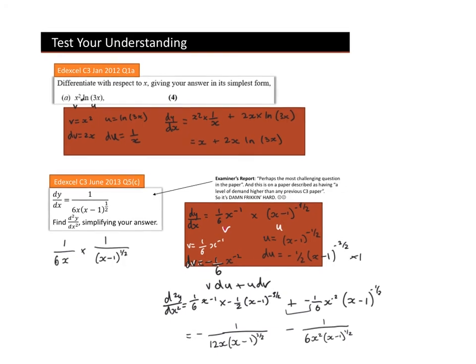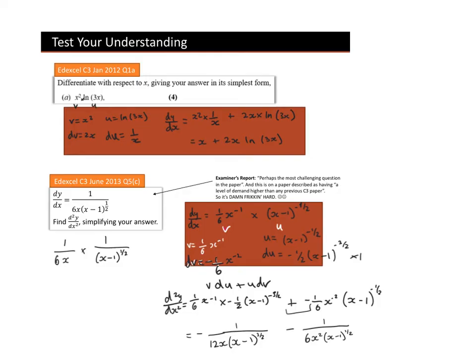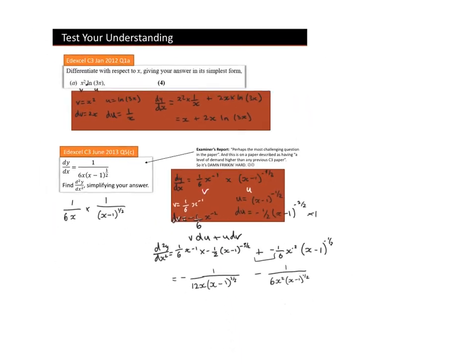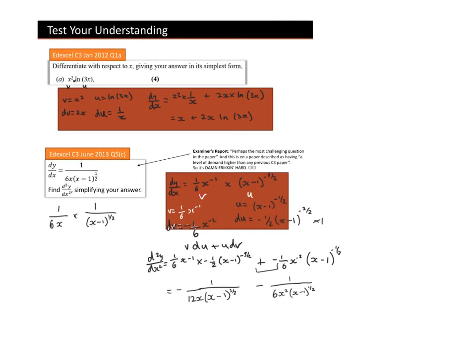I mean, personally, I'm going to stop there. So this is still not simplified because there's 2 fractions. We've got to take them away from each other, and to do that, you've got to make them the same denominator. Anyway, once you do that, the final answer is 2 minus 3x over 12x squared (x minus 1) to the power of 3 over 2.